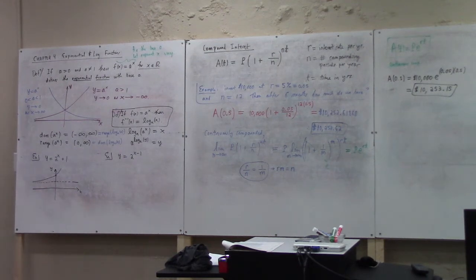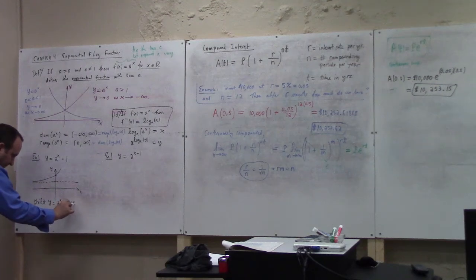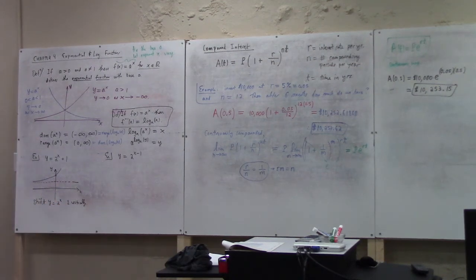How about this? This shifts y equals 2 to the x vertically by 1, right? If we wanted to graph y equals 2 to the x minus 1, what is that? That's a shift right, right?